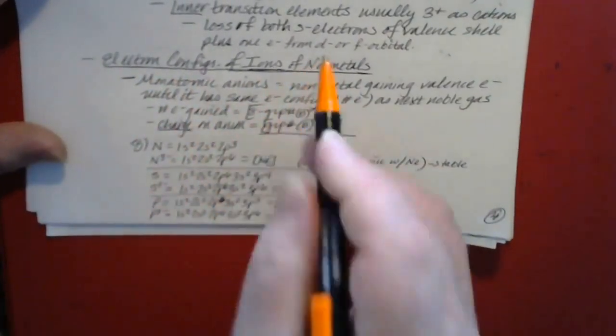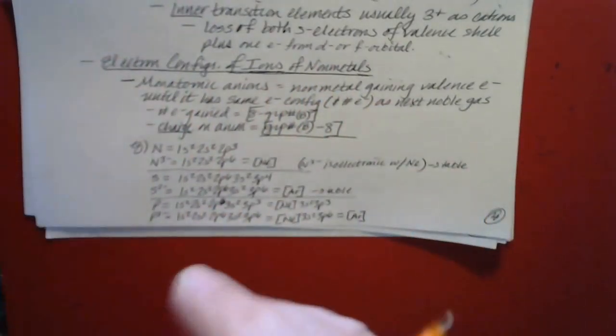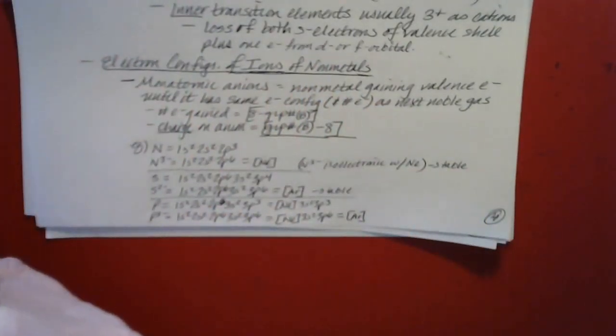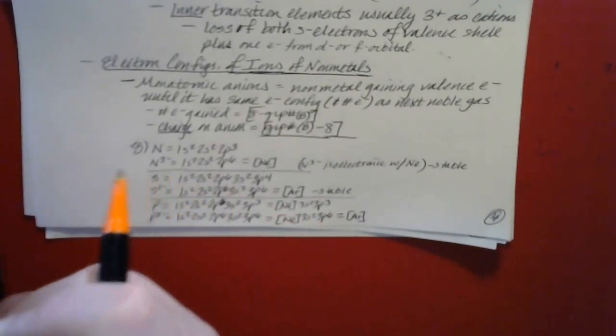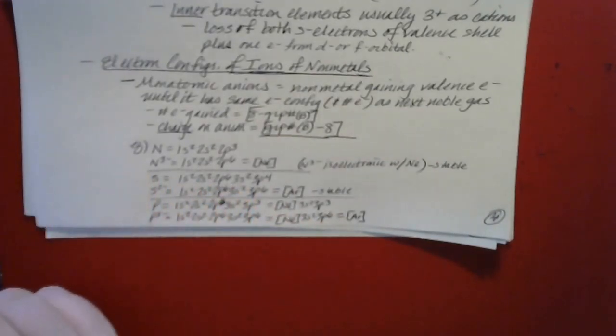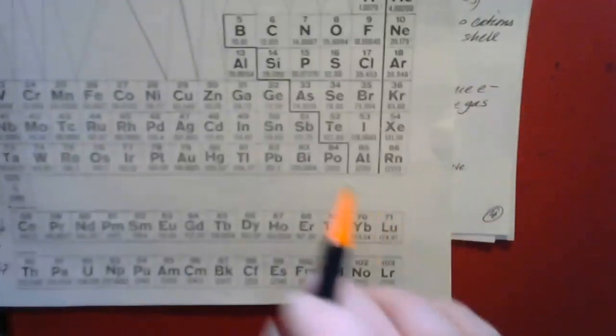Okay, for nonmetals now, for monatomic ions of nonmetals, the nonmetal, as we know, tends to gain valence electrons until it reaches the same electron configuration as the next noble gas in the periodic table. The number of electrons gained will just be the number of spaces you have to move between the nonmetal and the next noble gas.